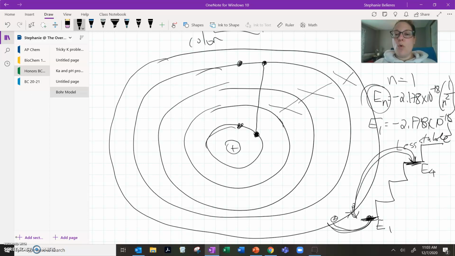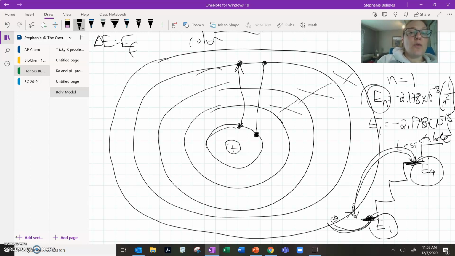Well, because Bohr defined an energy associated with both of those energy levels, or orbits as he called them, the amount of energy that you would need to absorb to go from n equals 1 to n equals 4 is simply the difference between those two orbits. And in science, we take the change in energy to be equal to where you ended up, the final energy, minus the initial energy.